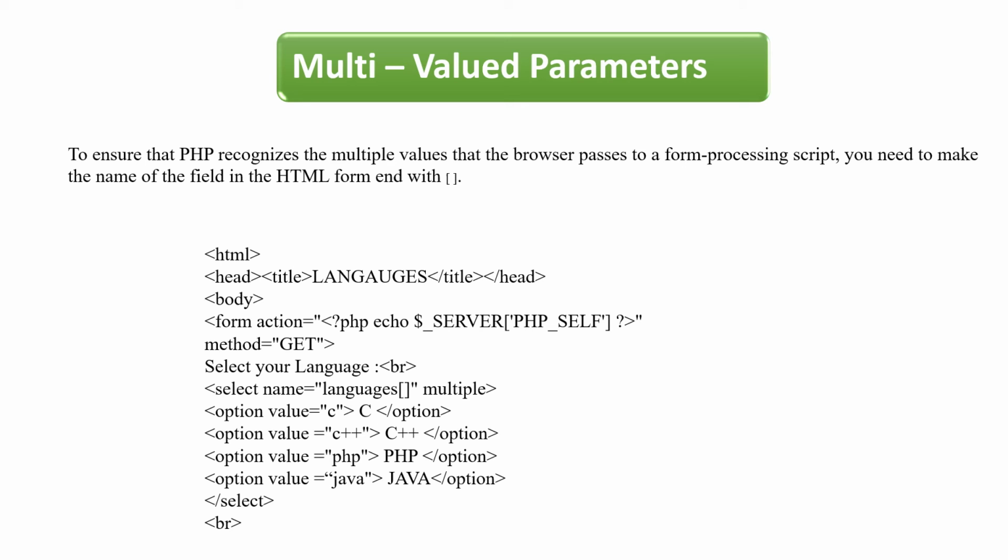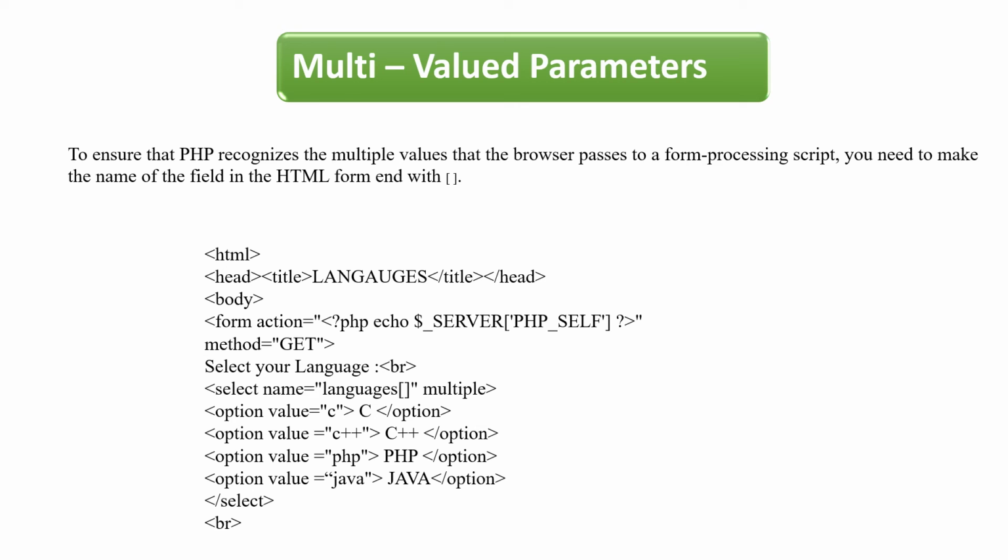When the PHP engine sees a submitted form field name with square brackets at the end, it creates a nested array of values within the $_GET, $_POST, or $_REQUEST superglobals array rather than a single value.